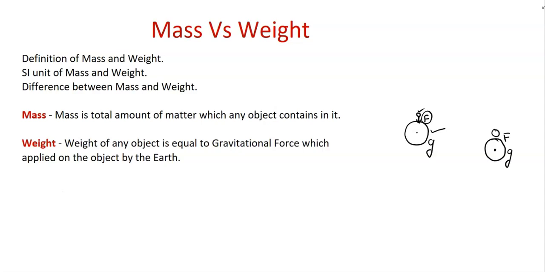So if we talk about weight, if any object which has mass is on earth and then on the moon, can we say the weight will be the same on both planets? No, because on the mass of any object, earth is applying a force to pull it towards its center due to its gravity.